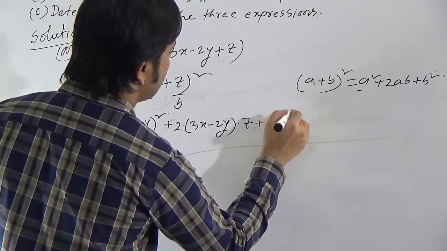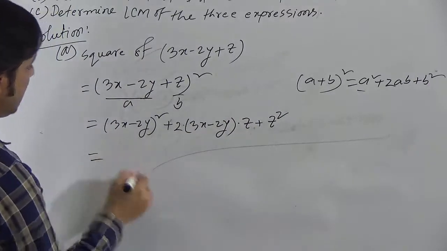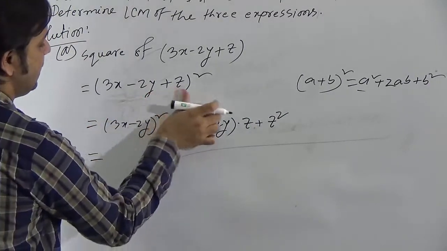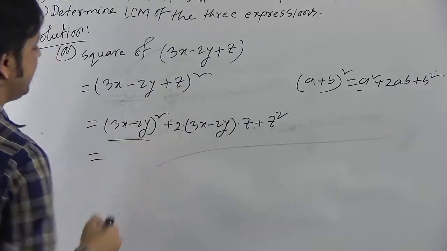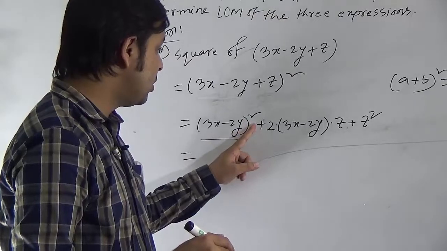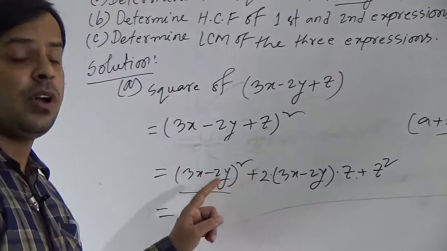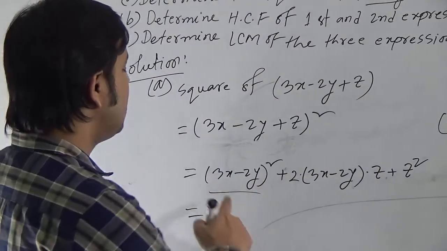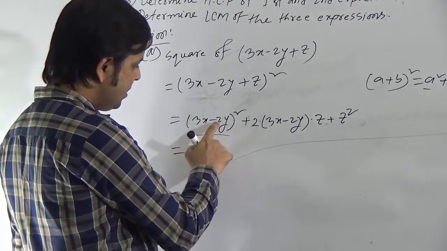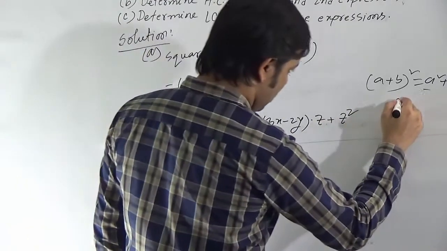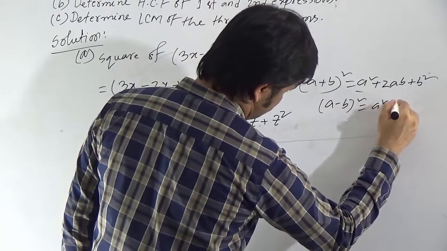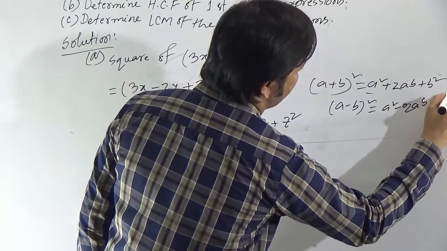Now, students, observe this term, 3x minus 2y whole square. So we have to again use the formula here, a minus b whole square. Consider 3x as a and 2y as b. So we need the formula a minus b whole square. It means that a square minus 2ab plus b square.